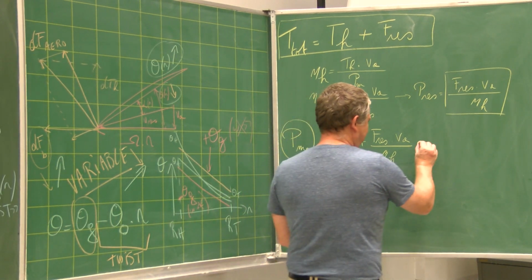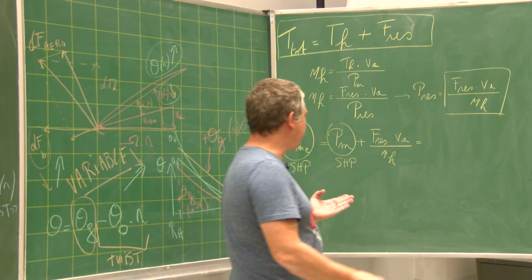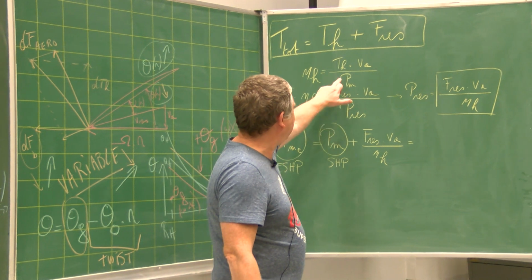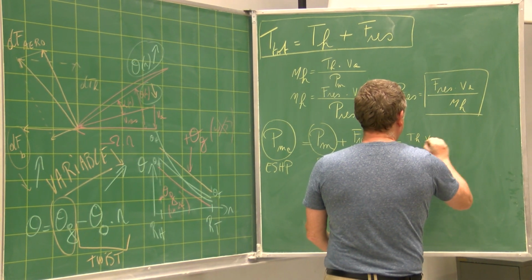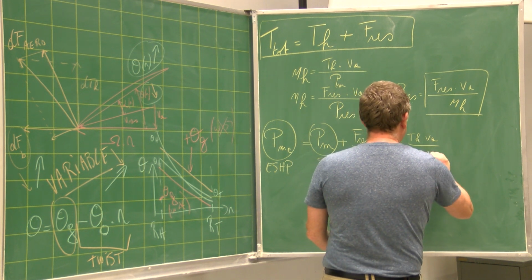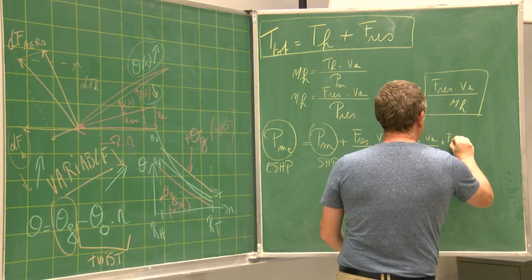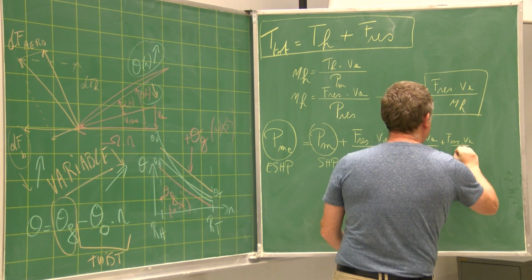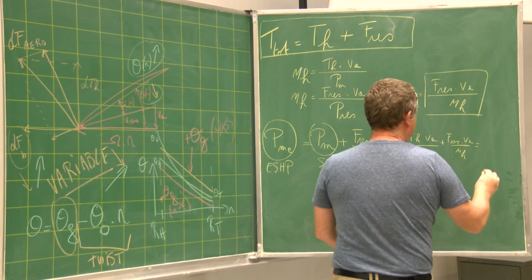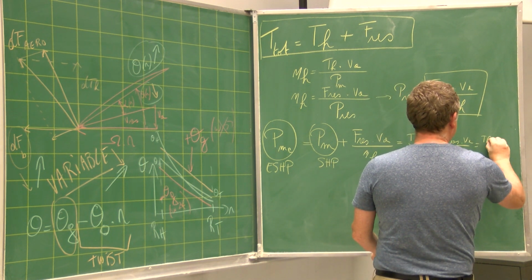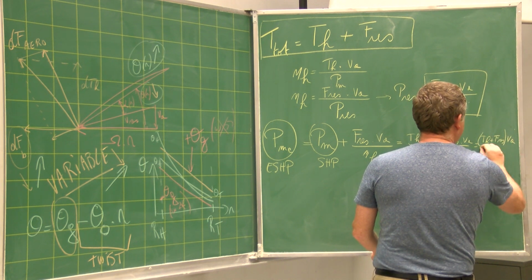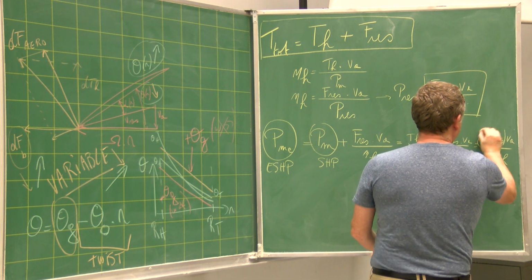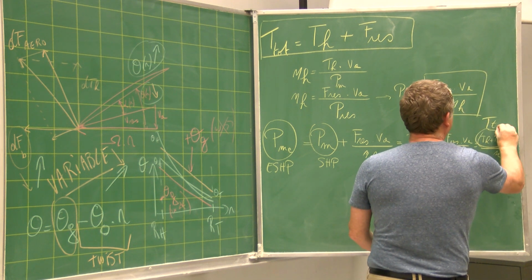And of course, as PM is equal to TH multiplied by VA divided by eta H plus F residual multiplied by VA divided by eta H, it can be written as TH plus F residual multiplied by VA divided by eta H, and this is equal to T total.